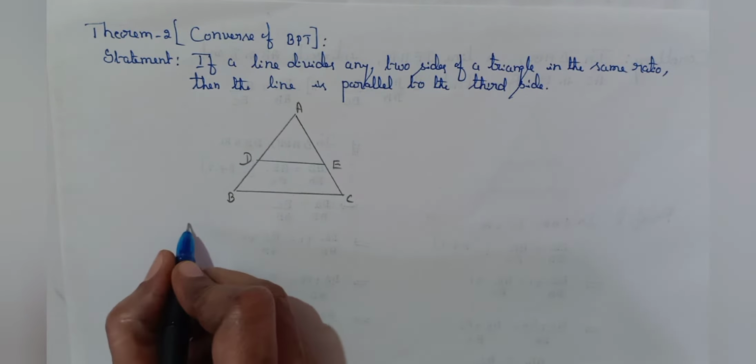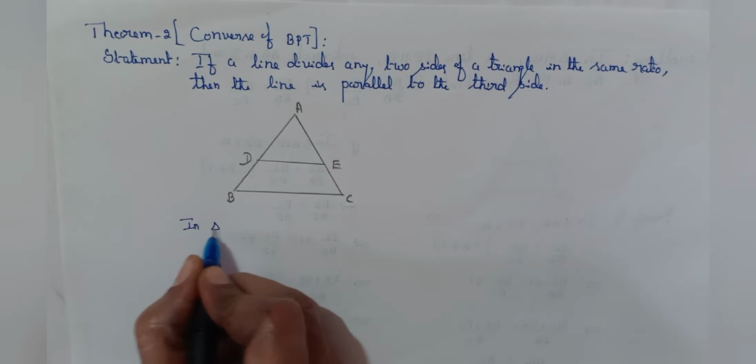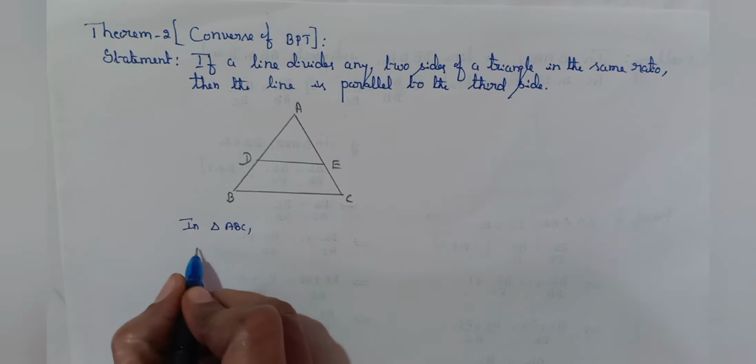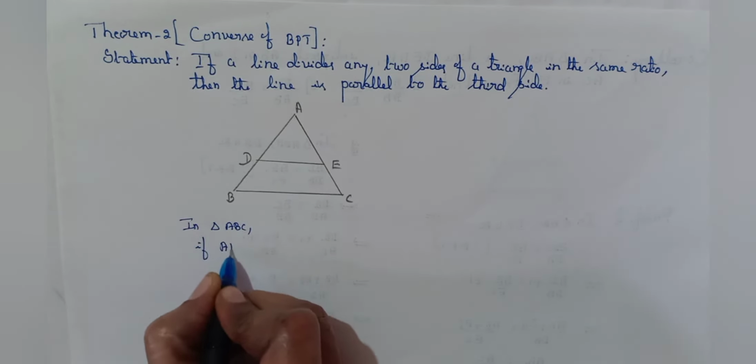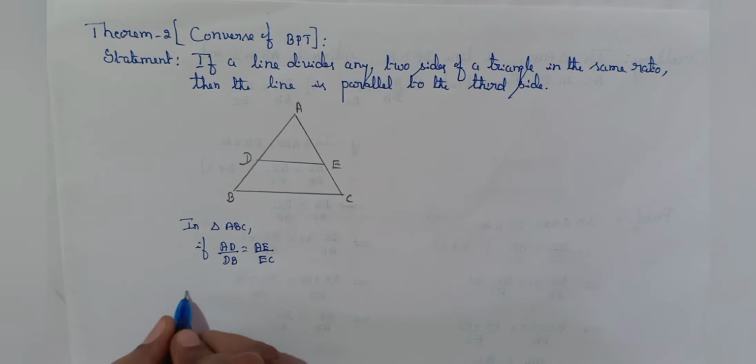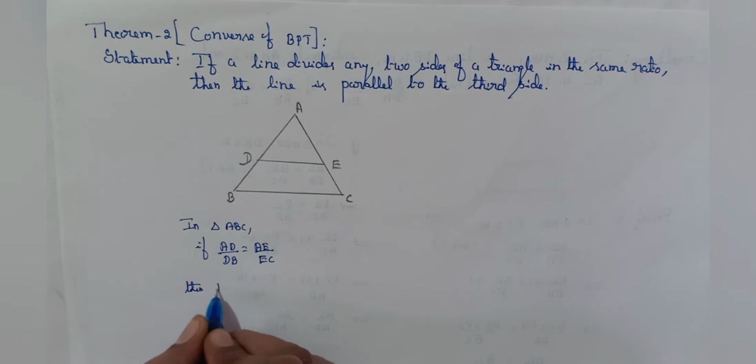Here, in triangle ABC, if AD by DB is equal to AE by EC, then DE is parallel to BC.